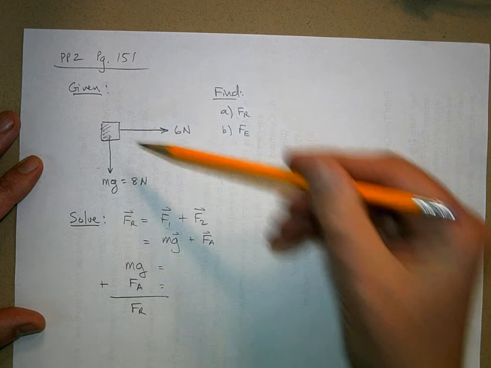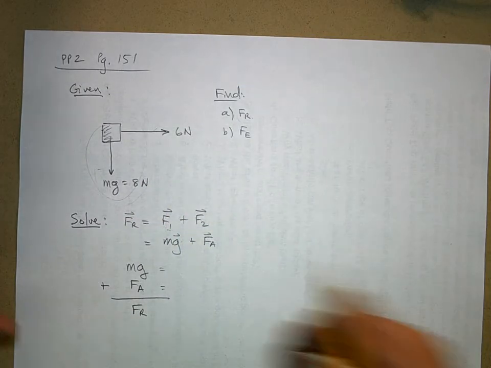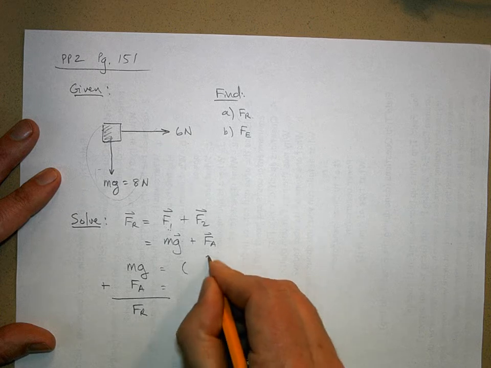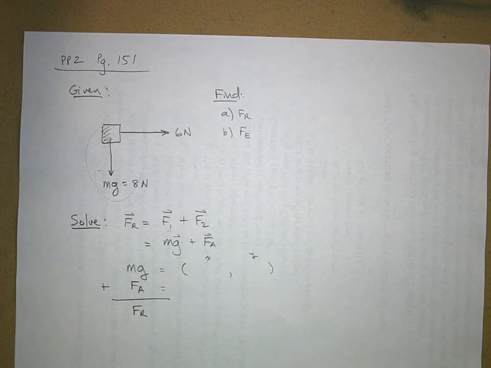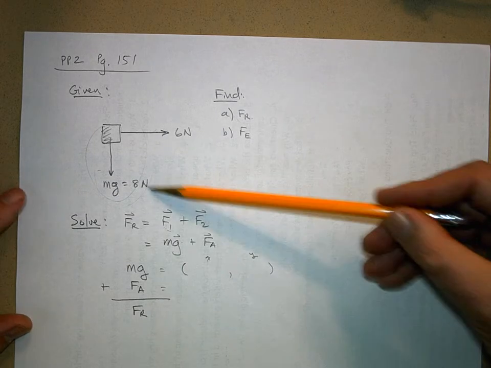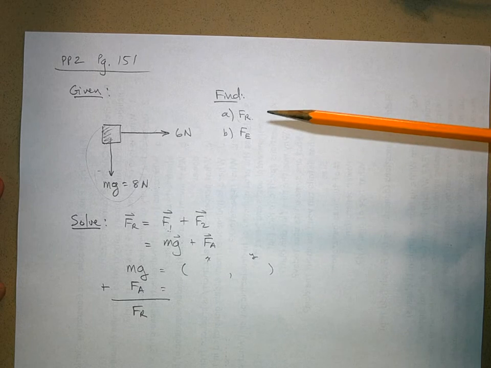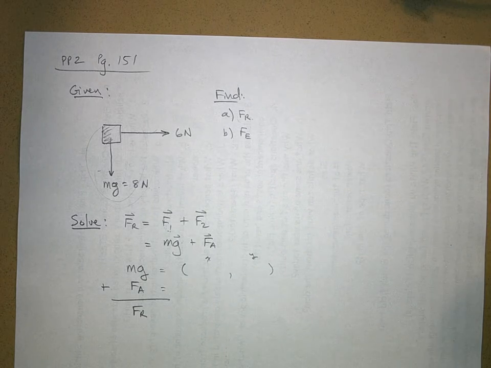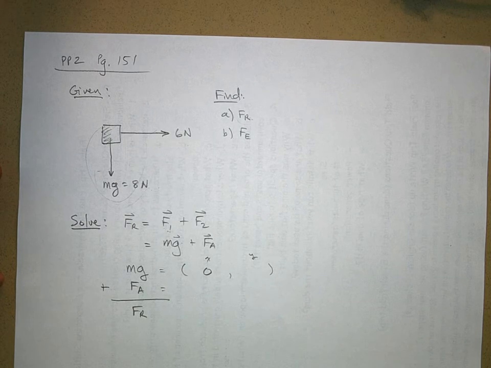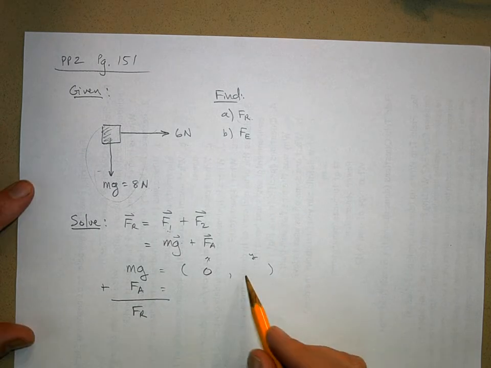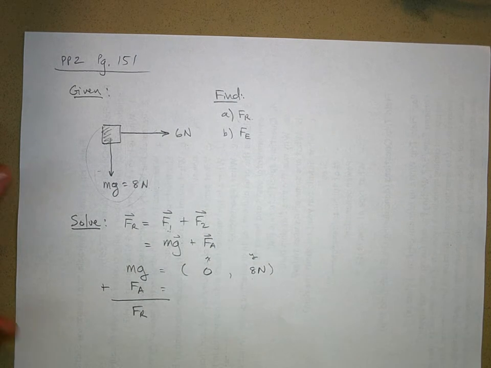Well, what is the weight in rectangular coordinates? You've got an x and a y component. Let's take mg. What's the x component of this? 0. It doesn't have an x component. Gravity does not pull us to the side. And then we know that this is 8 newtons, but in what direction?